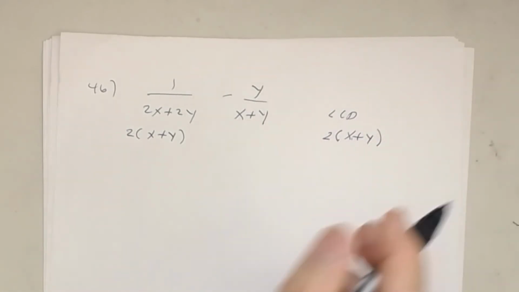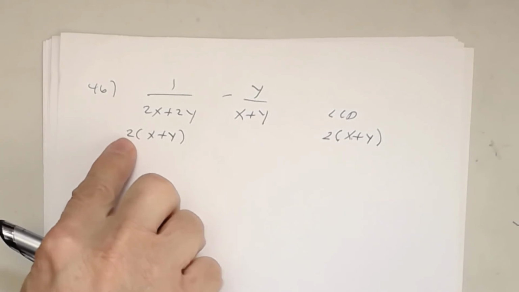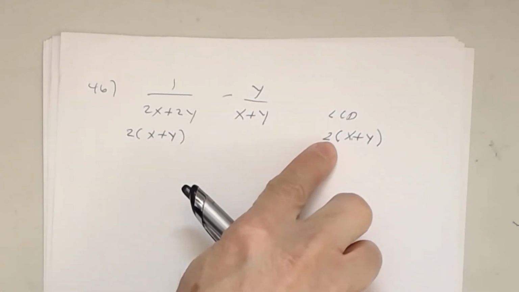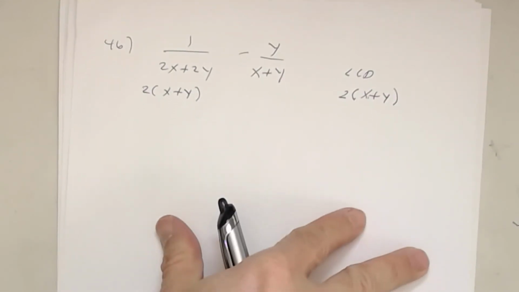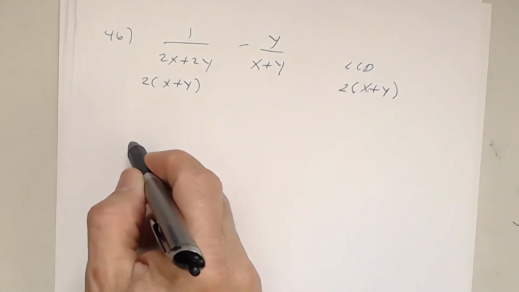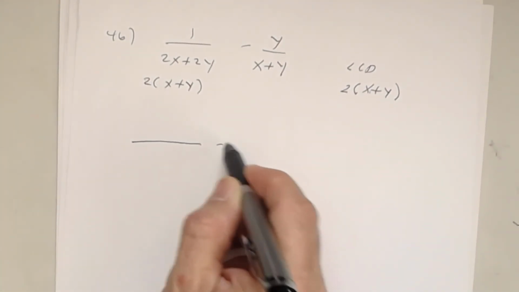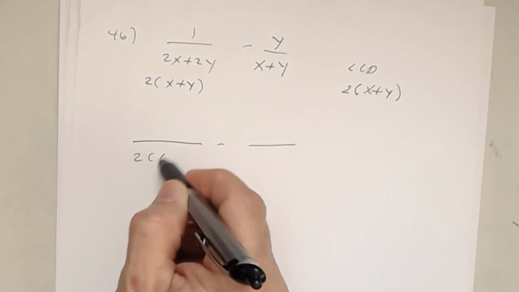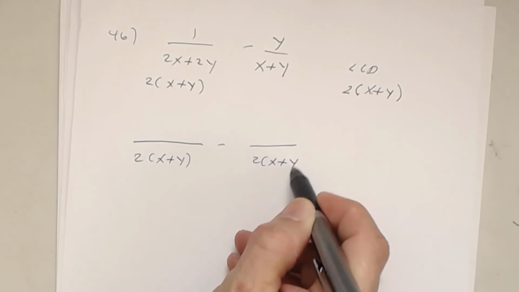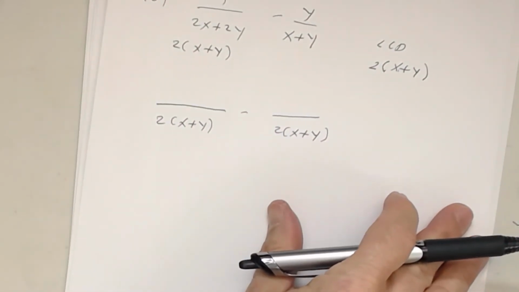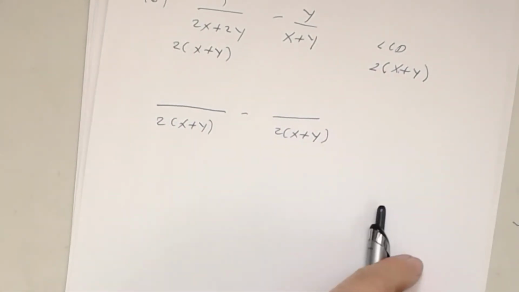All right, so you can always check. This 2 goes into the LCD, and the x plus y goes into the LCD. So you're done. Now we write two fractions with that denominator. All right, and then we're going to write equivalent fractions.